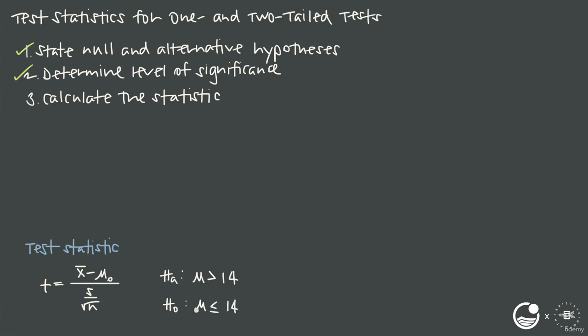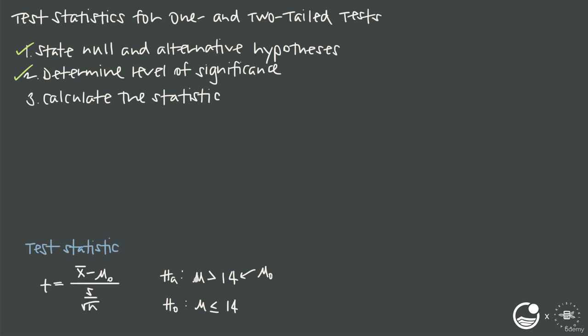This value right here in our hypothesis statements is mu naught. It is our hypothesized value. So we have the sample mean, the hypothesized value, and in the denominator, you may recognize the formula for standard error, the standard deviation of the sampling distribution of the sample mean, which is given by sample standard deviation divided by the square root of the sample size n.